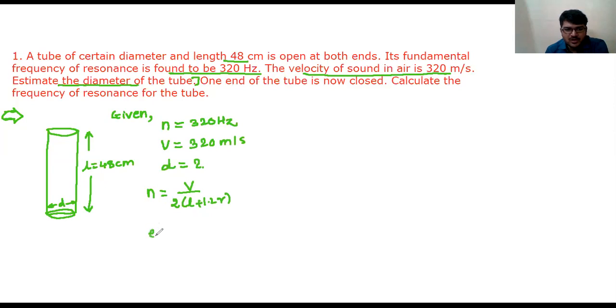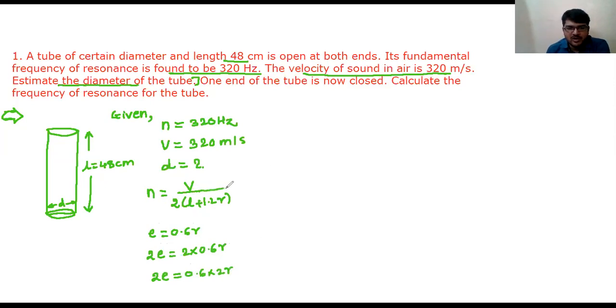As we know, E is equal to 0.6 R, and this 2E is equal to 2 into 0.6 R. So can I write it like this? 2E is equal to 0.6 into 2R. I can write it like this also.